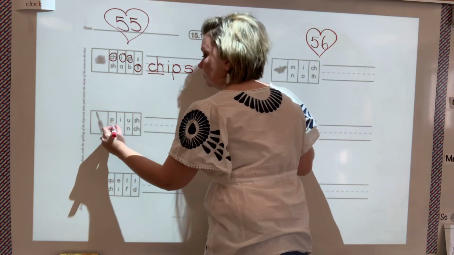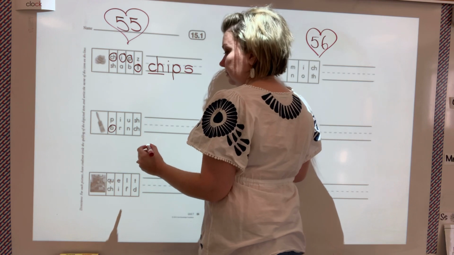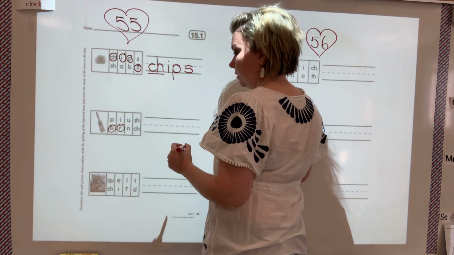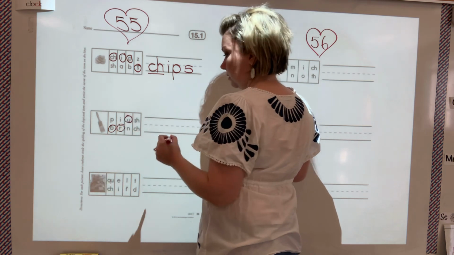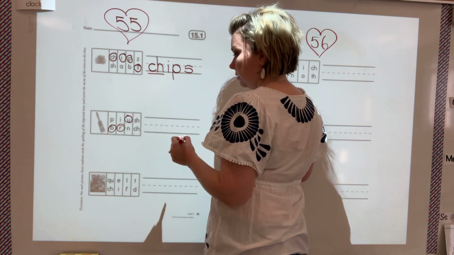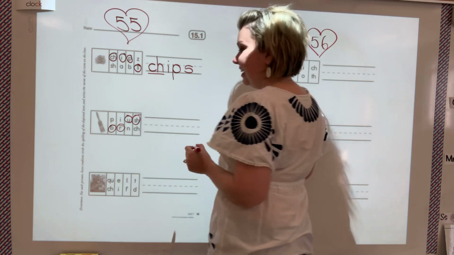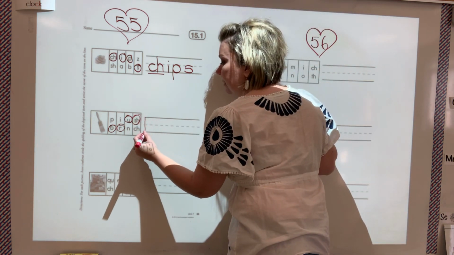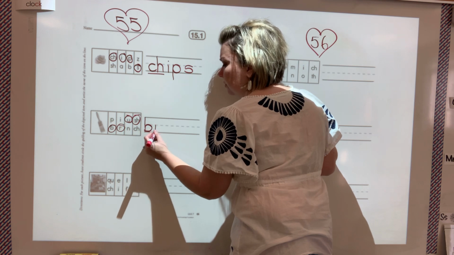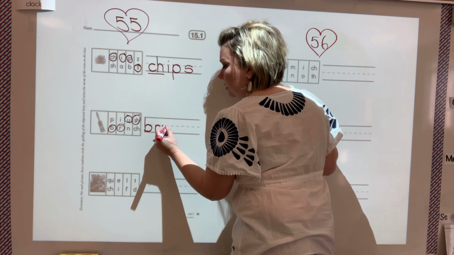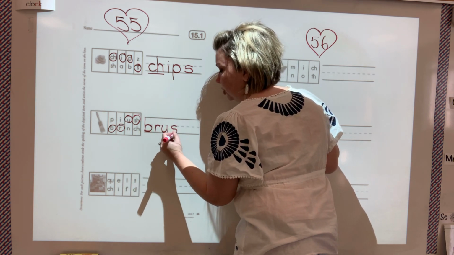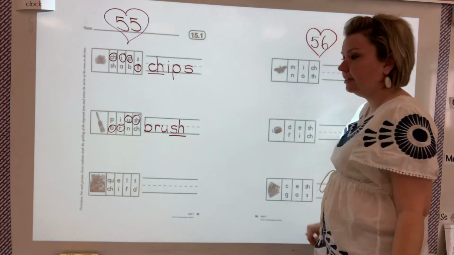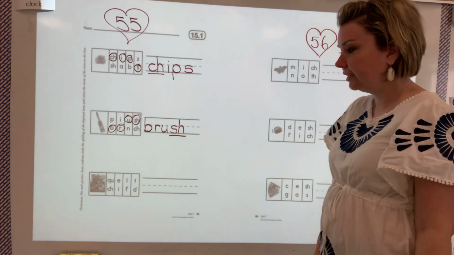B. Excellent. So now I can copy those letters. B, sh. And we can underline SH. Awesome.